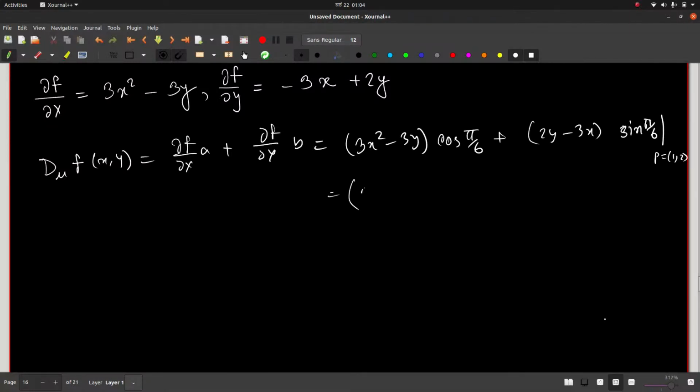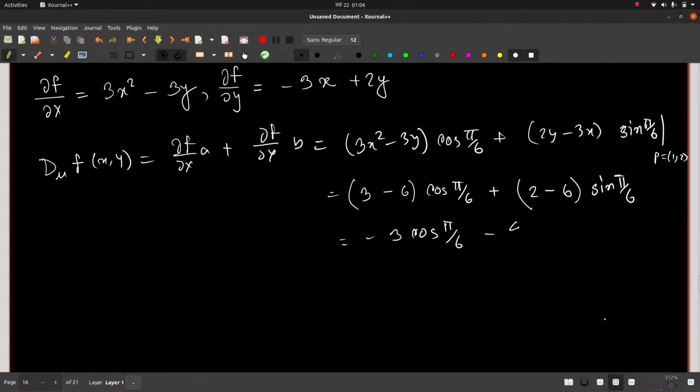If you put that, this is just 3 minus 6 cosine pi by 6 plus 2 minus 6 sine pi by 6. So that means this is just minus 3 cosine pi by 6 minus 4 sine pi by 6. Alright, this is your directional derivative at that particular point.